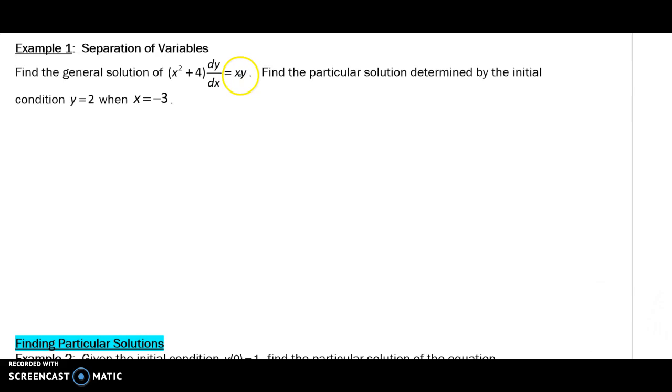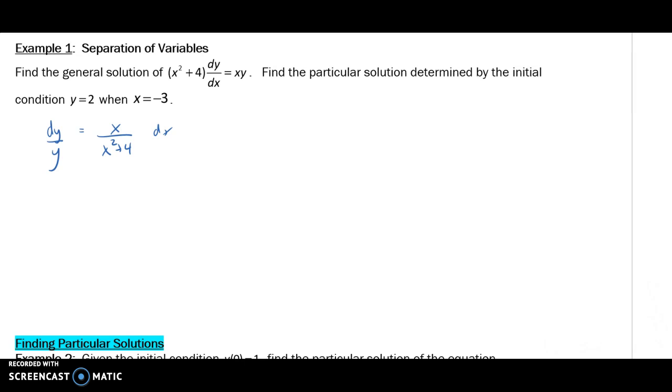In other words, we're going to keep dy over there, we're going to move dx to the right, multiply both sides by dx to get it over there. We have to divide both sides by y to get it out of the denominator. And the x was already over here. We're dividing by x squared plus 4. So it's just moving things around. So only y is on the left, only x is on the right.